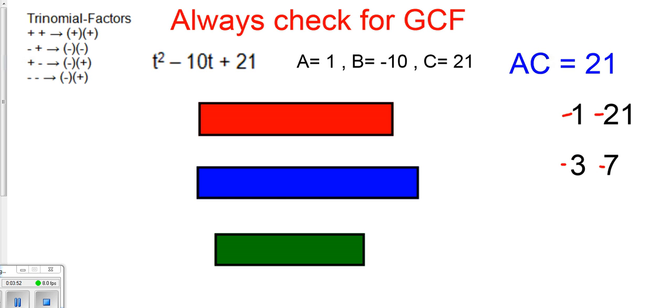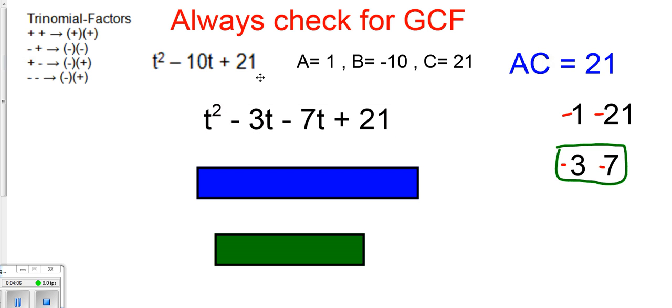So we're looking for the set of these factors that would add up to negative 10. In this case, it's going to be negative 3 and negative 7. So those are the numbers we use to break this expression up into 4 terms. So it's now t squared minus 3t minus 7t plus 21.